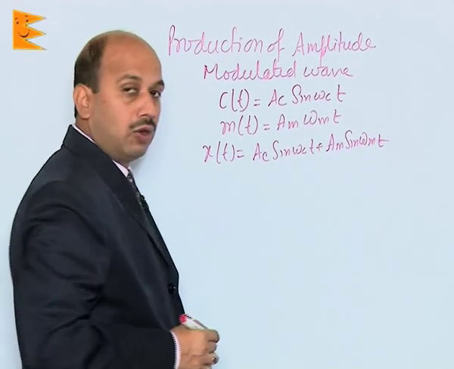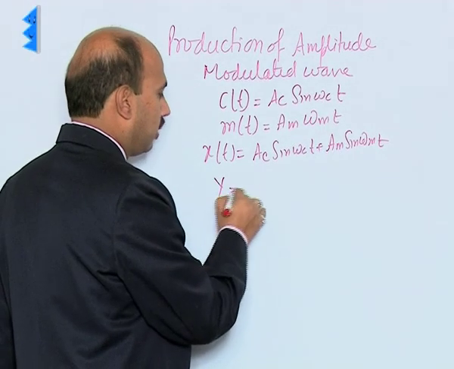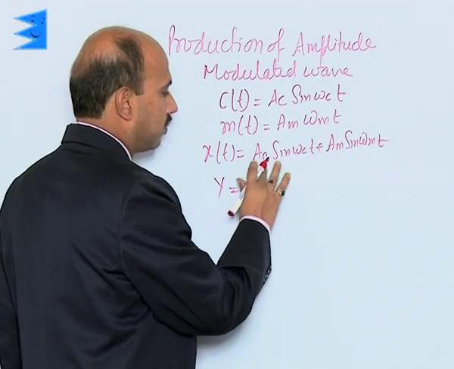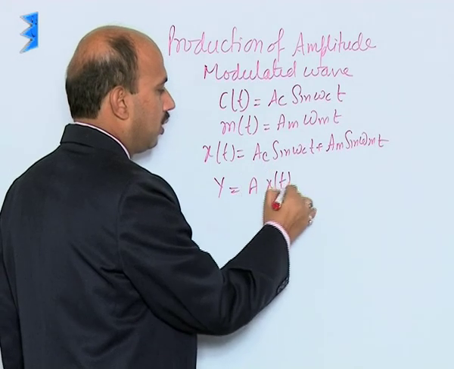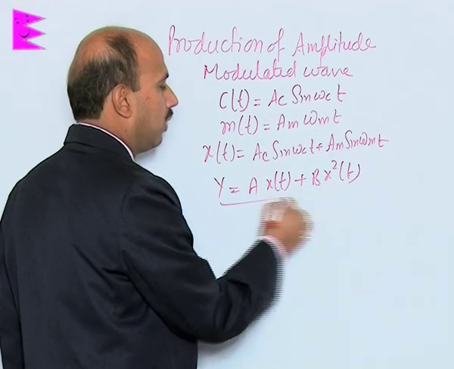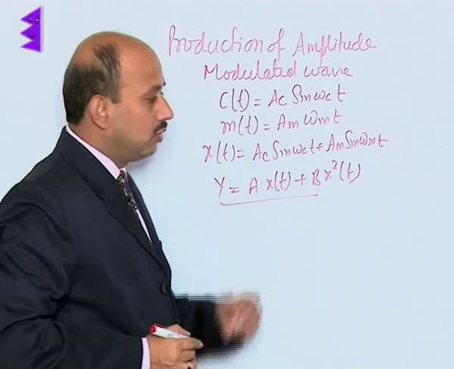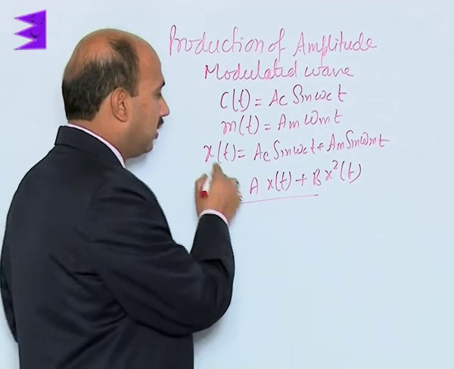Now the square law device solves according to the relation y(t) equal to a x(t) plus b x squared(t), where a and b are constants. So the square law device solves this relation.